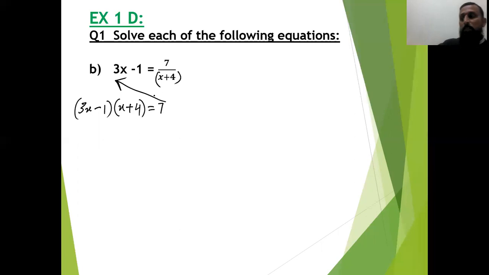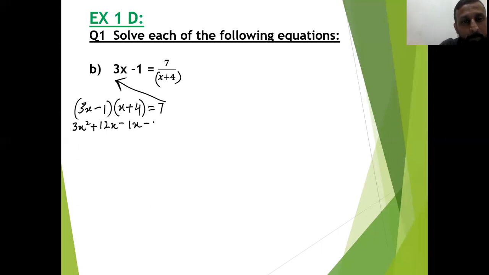All right, boys and girls. So what do we get now? We need to multiply the two brackets. So let's multiply: 3x into x is 3x square. 3x into 4 is 12x. Minus 1 into x is minus 1x.